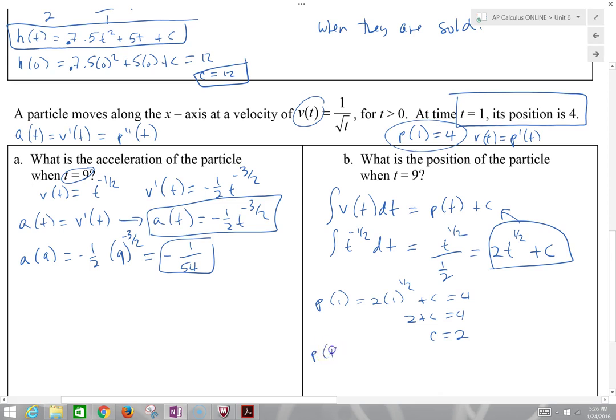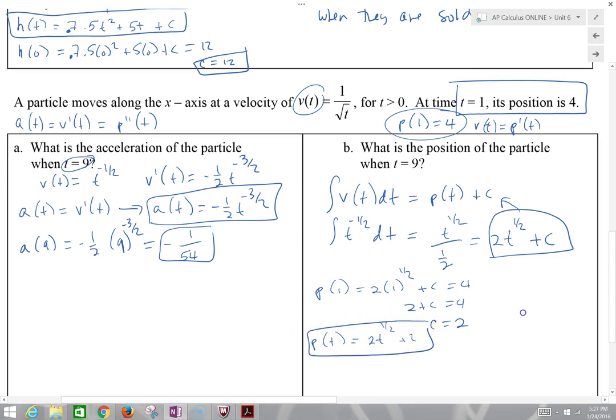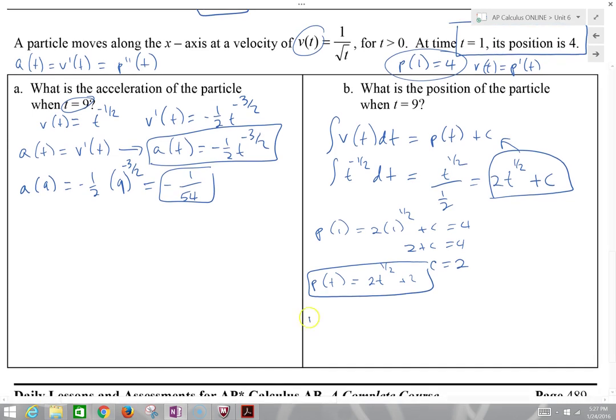And p of t is equal to 2t to the 1/2 plus 2. And we plug in 9 into that, and we get p of 9 is equal to 2 times 9 to the 1/2 plus 2, which equals 2 times 3 is 6 plus 2 is 8.